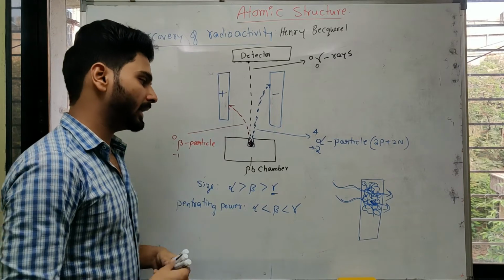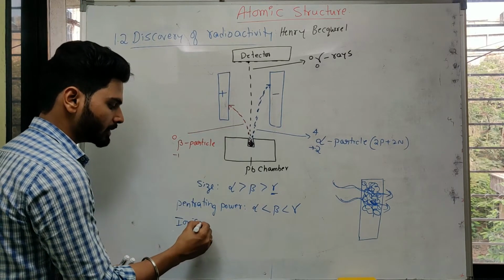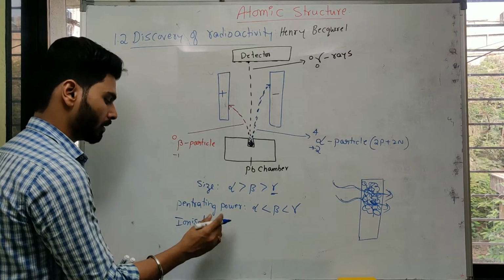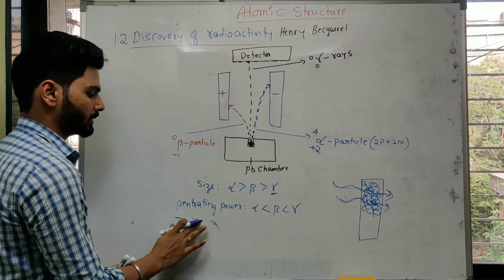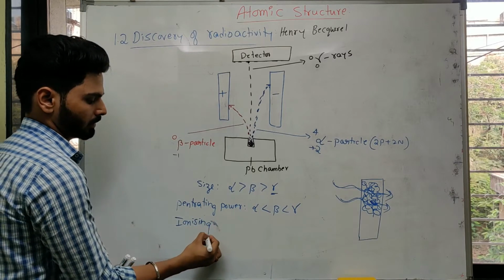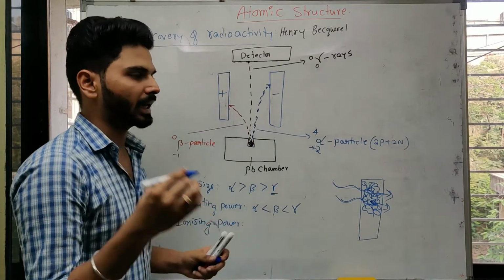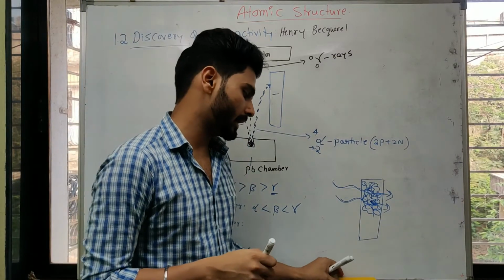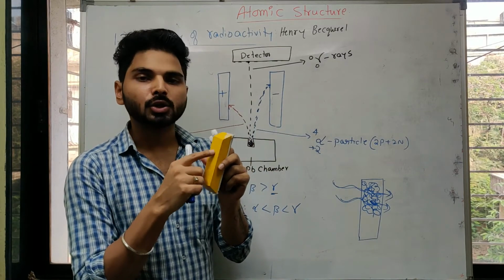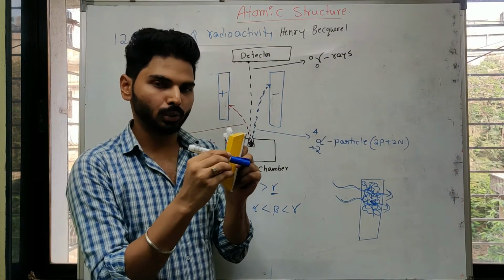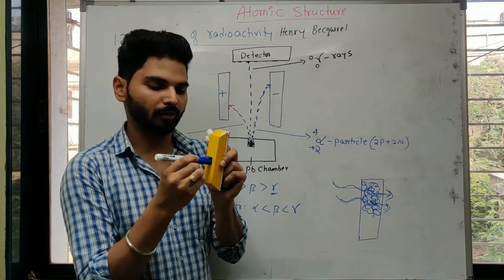And the reverse is ionizing power. Why am I saying reverse? Because when these radiations hit a material that does not allow the radiation to pass through, there will be a fight, a collision between them.